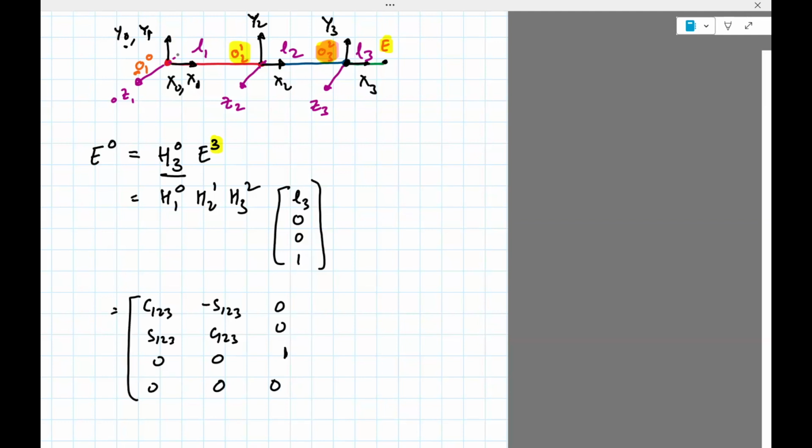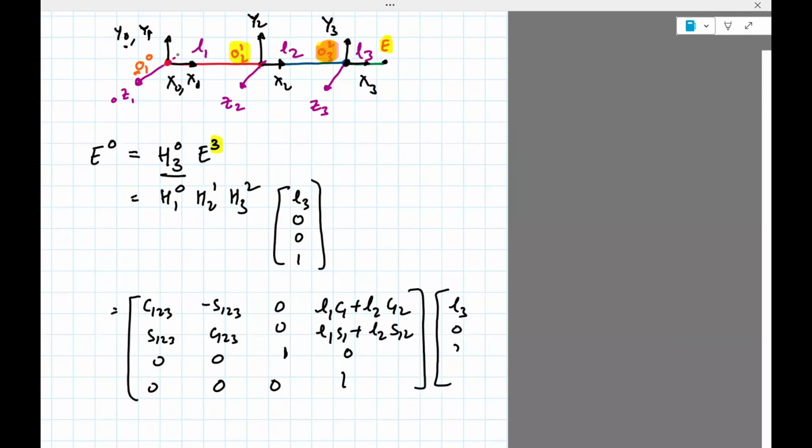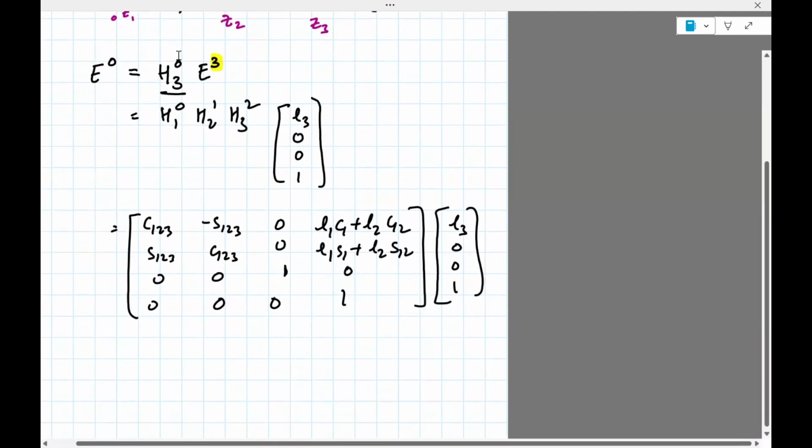And then over here, you'll get L1 C1 plus L2 C12, L1 S1 plus L2 S12, 0, 1. And then we'll just keep the L3 as is. Okay, so that's what comes out.